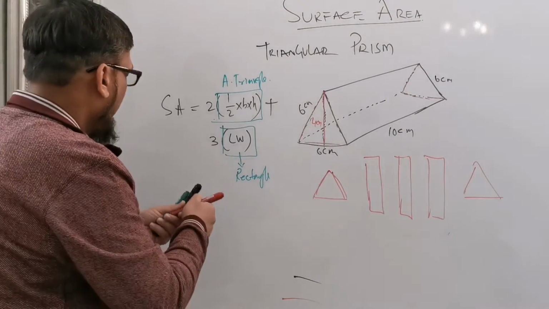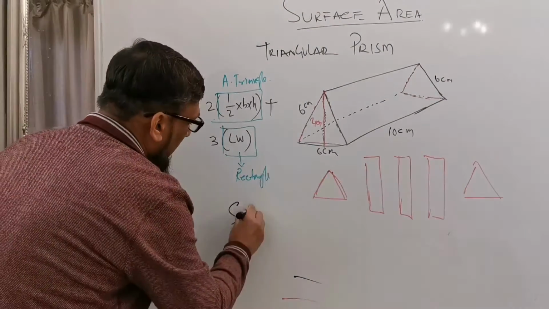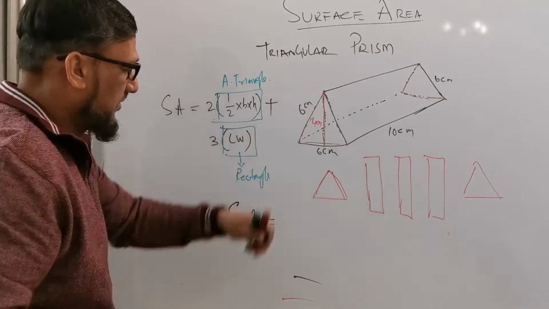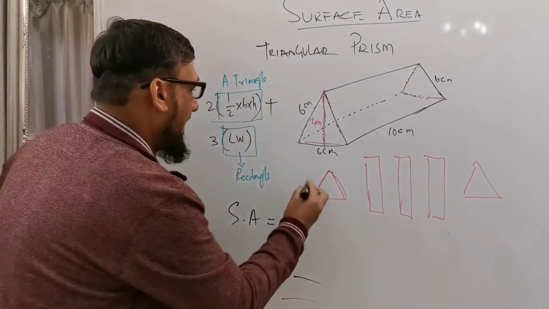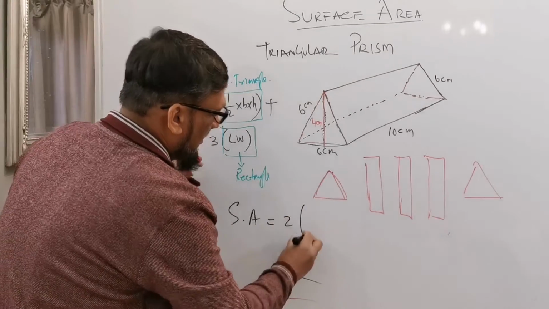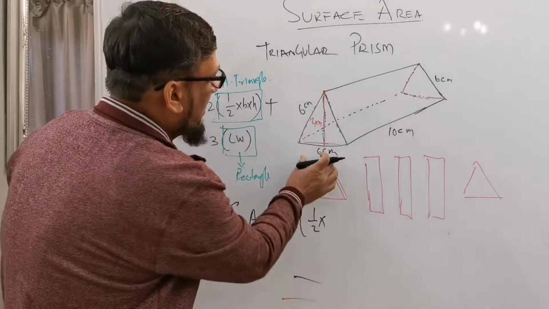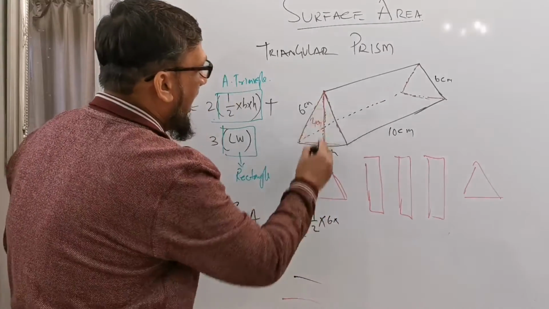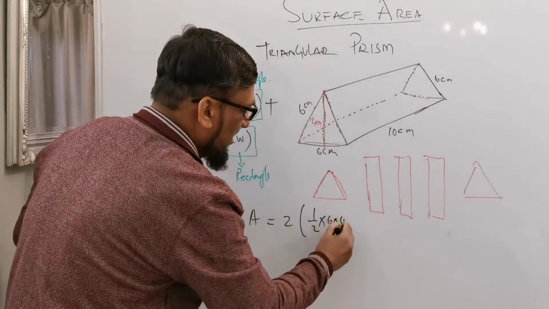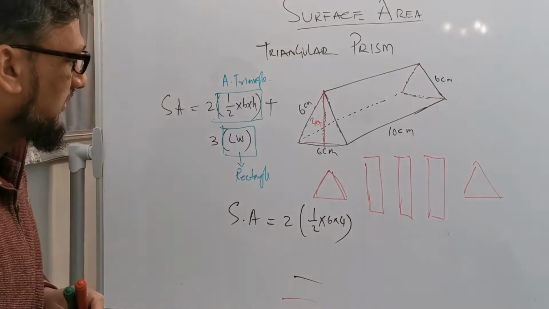So surface area of prism equals 2 times half times base times height. Base is 6 centimeter and the height for this triangle is 4.